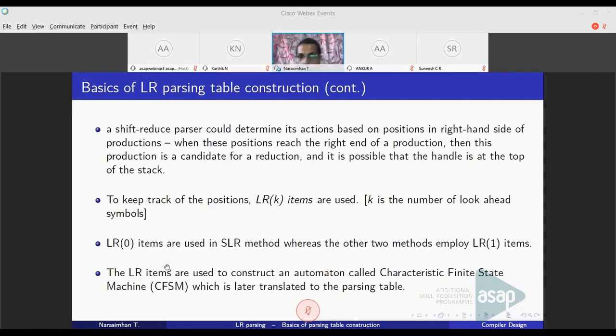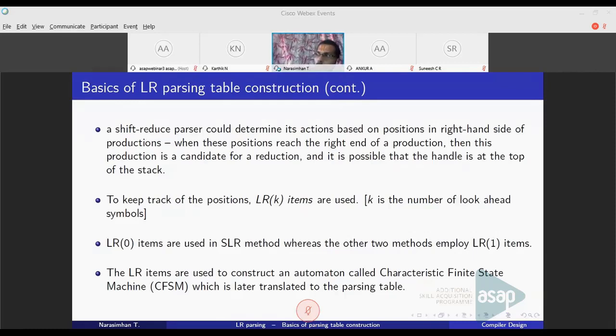That is what this states. A shift reduce parser can then determine the actions based on the positions in the right hand side of the productions. If you have reached the right end of the right hand side of the production, there is a possibility that the handle could be at the top of the stack.